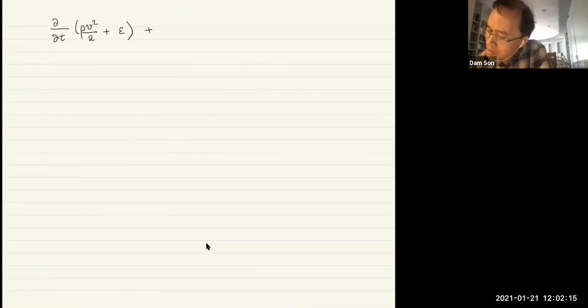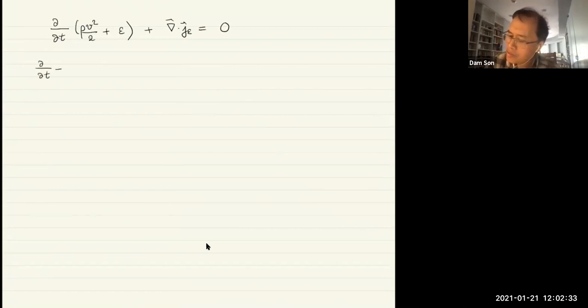Plus the gradient of j epsilon is equal to 0, and let's see how the Galilean transformation acts on this equation. So the time derivative again becomes, maybe I still use the indices.